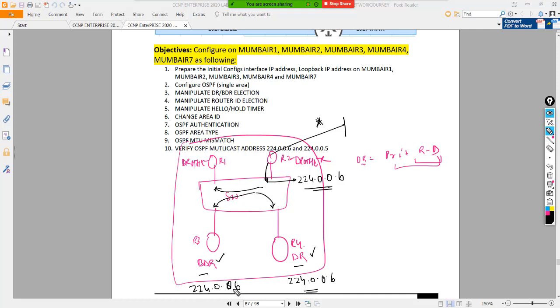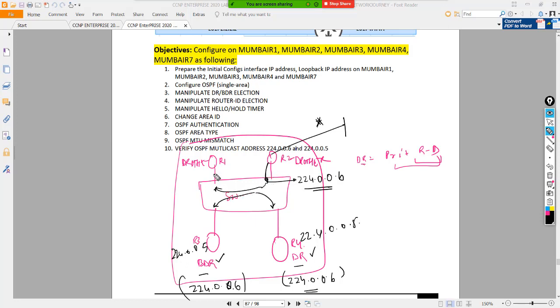Okay, so you know by default they are listening at 224.0.0.5. Both are listening at 224.0.0.5, but additionally this is another multicast address that DR and BDR are capable of listening. Okay, so now this multicast update is being sent to the switch.